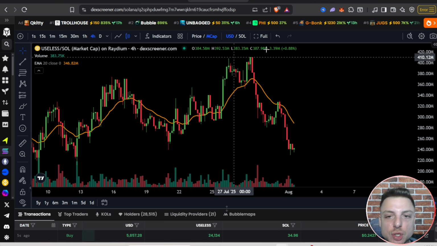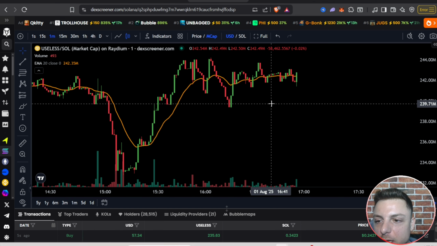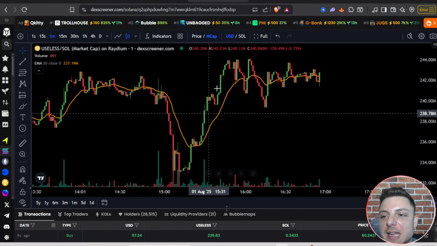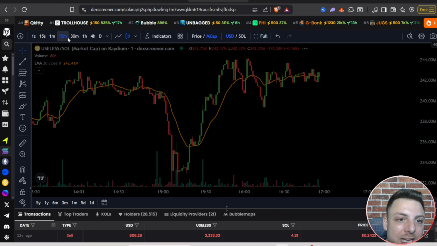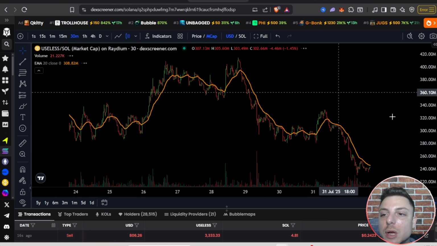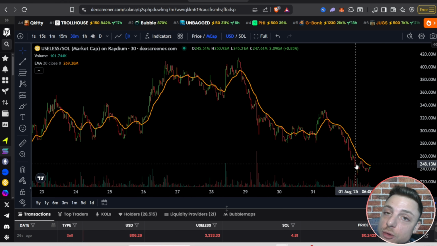Obviously, if we're trading a $200 million market cap coin, if we go down to the 1 minute, it's barely moving. You're moving from 230 million market cap to 240 million market cap. You're moving just a few percent, whereas people are expecting hundreds of percent gains to the upside. So that's why I'm shifting and increasing my time frame, because as I do that, I'm looking for trades from a 400 million market cap down to 200 million market cap.